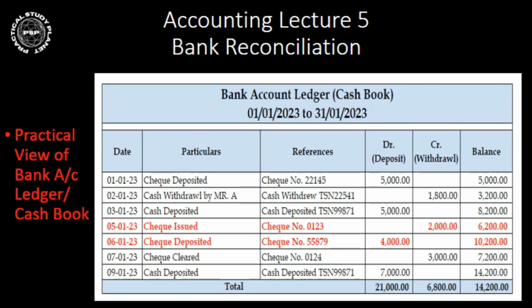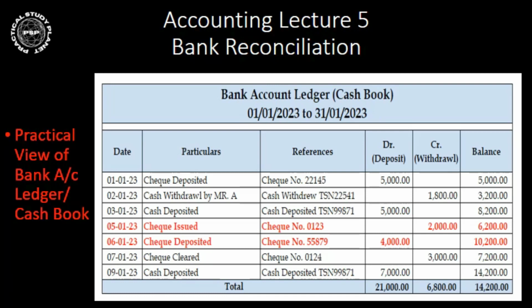And one record is maintained by the accountant in the company offices, that is the other one, the bank account ledger. That is also called the cash book. There are some transactions mentioned over there. This is the practical view of the bank ledger.